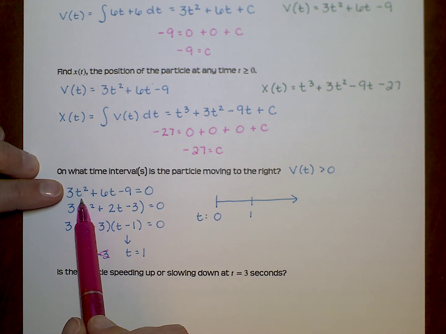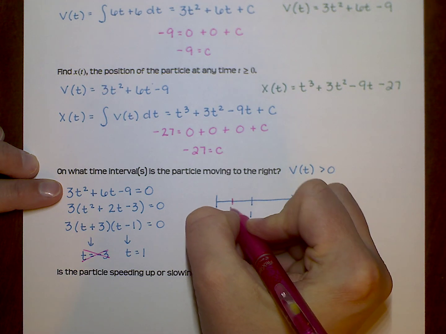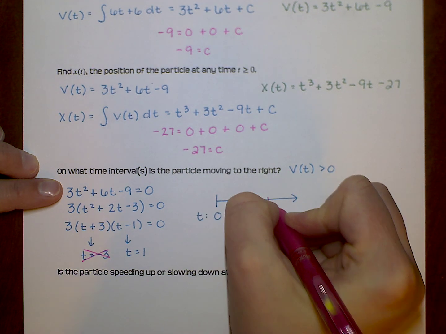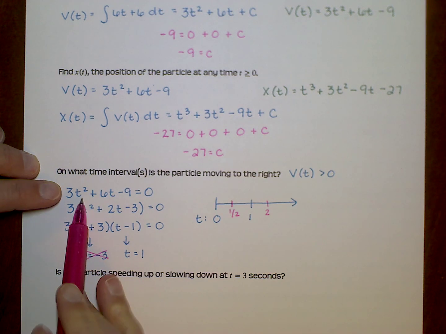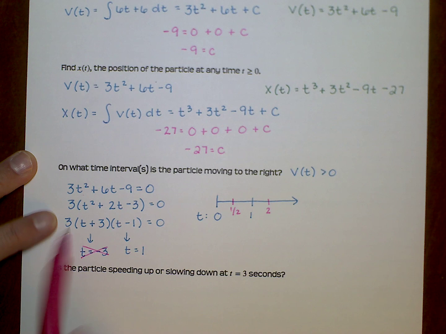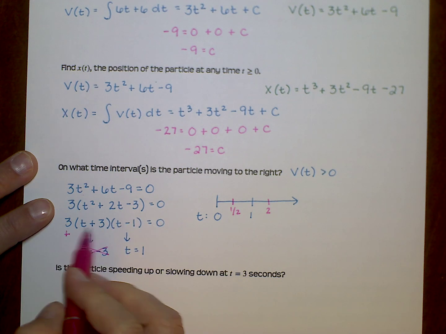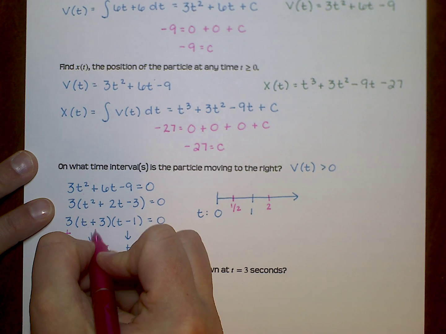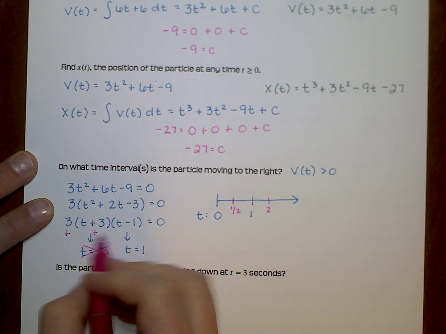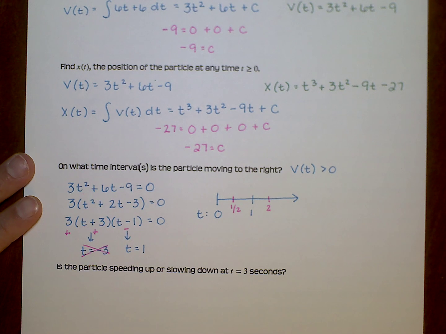If it's too hard for you to plug numbers in, like I'm going to have to choose something like 1/2, I think, and then maybe a 2 here, plug it in here. So this is always positive, right? If I put a 1/2 in here, 1/2 plus 3 is going to give me something positive. But 1/2 minus 1 is going to give me something negative. Positive times negative works out to be negative.